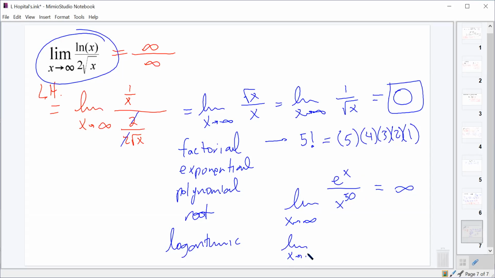But if I flip it around so that the bottom is growing more quickly than the top, then this number is always bigger than this number as we go towards infinity, which means it's tending towards 0.